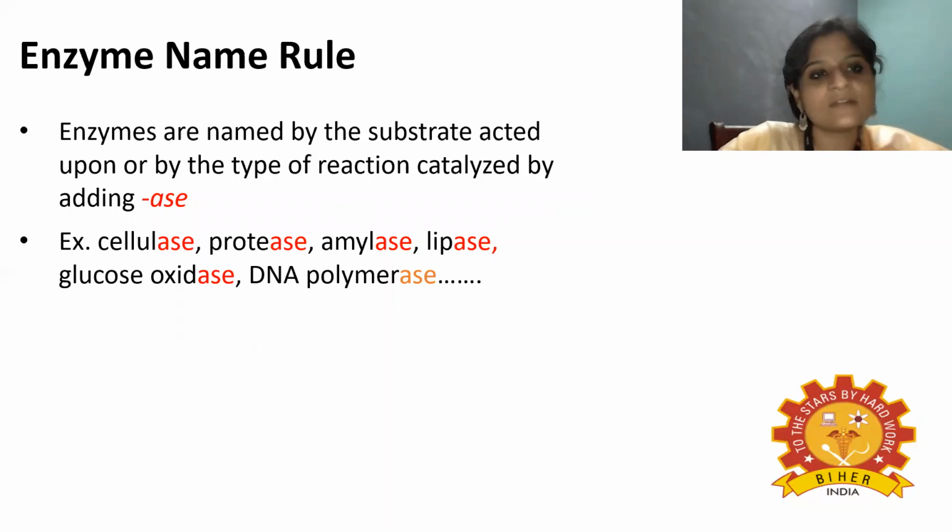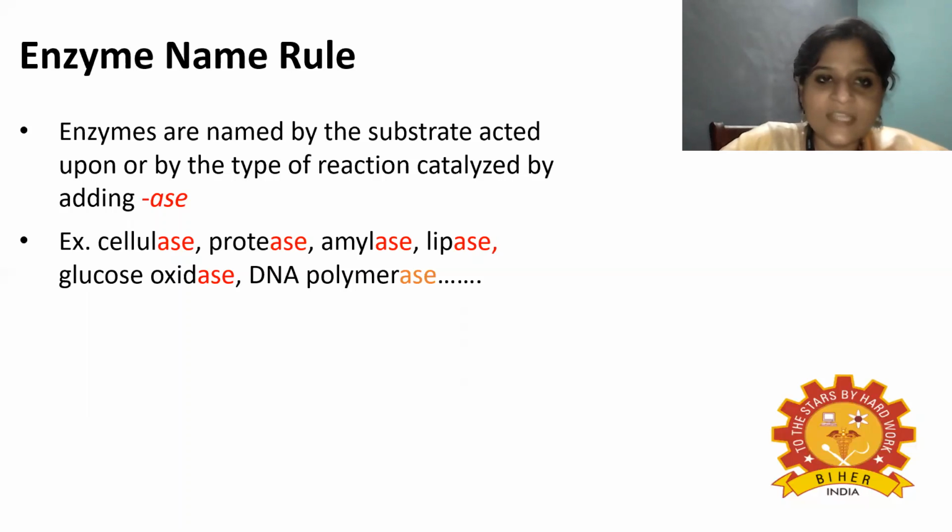So let us see the enzyme naming rule, how we could name a particular enzyme. Enzymes are named by the substrate acted upon or the type of reaction catalyzed, by adding -ase. Examples: cellulase, protease, amylase, lipase, glucose oxidase, DNA polymerase.